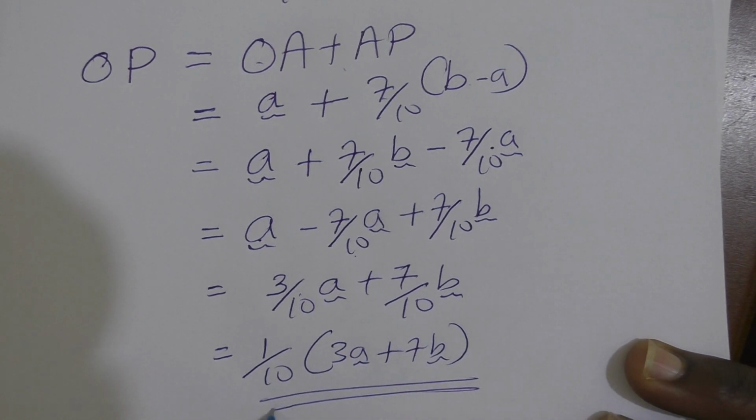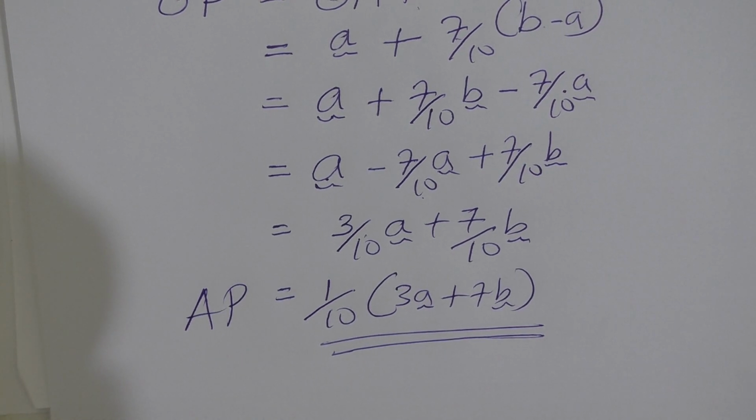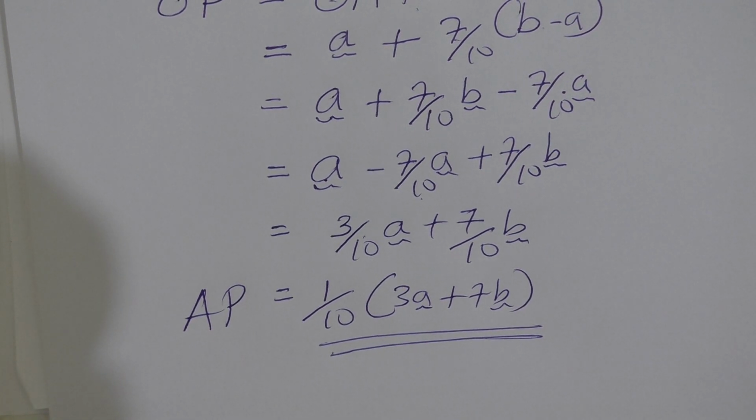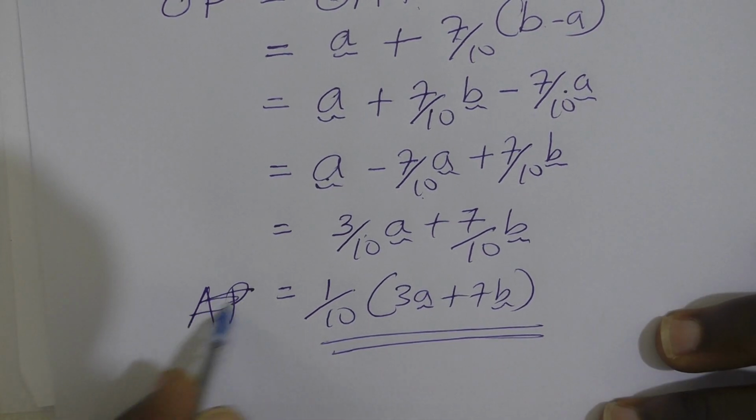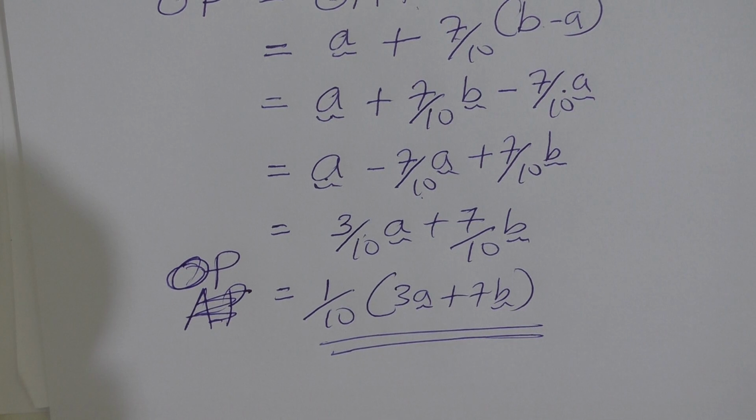So this is my vector AP. So actually not AP, sorry, it is OP. That is how we work out in case we have midpoints or we are given a point that divides a line in a given ratio.